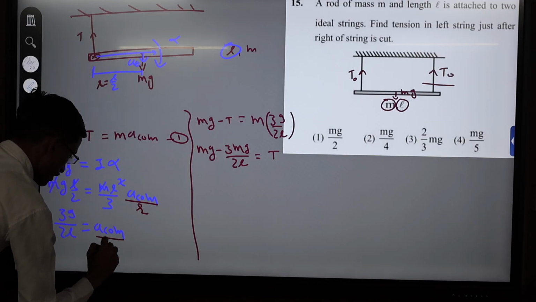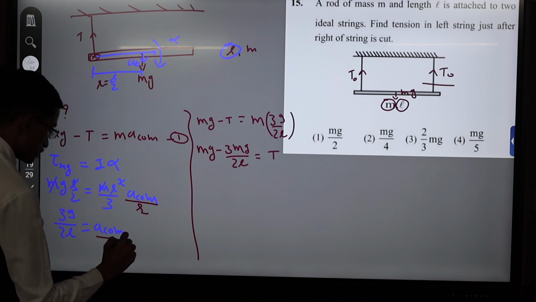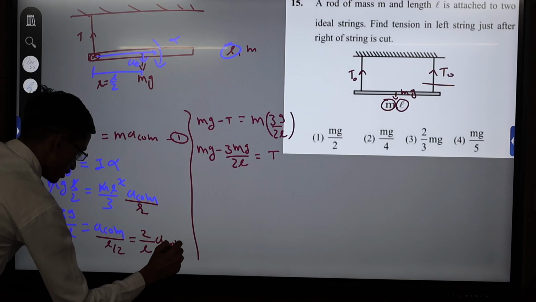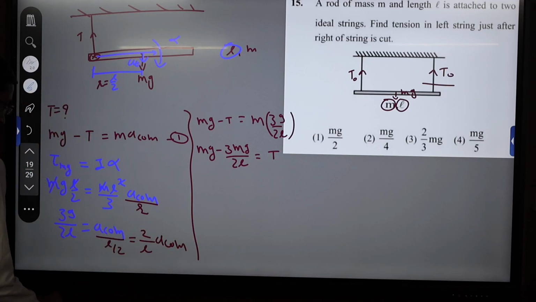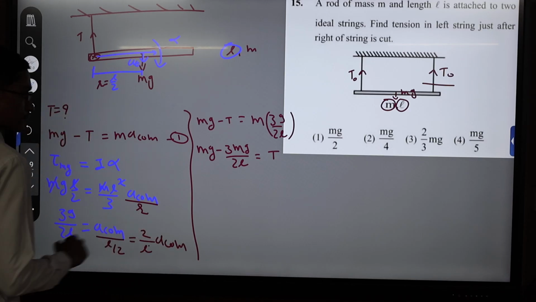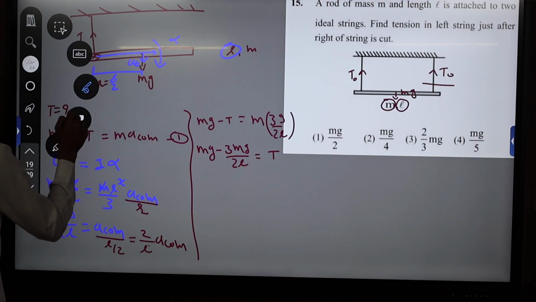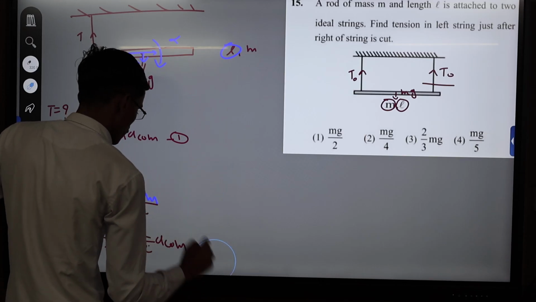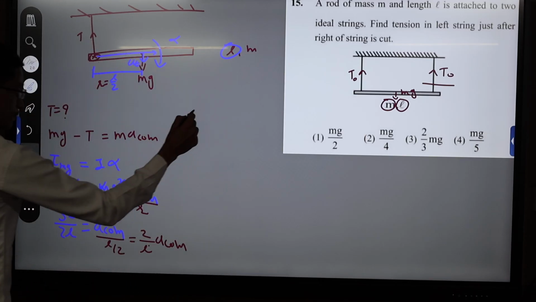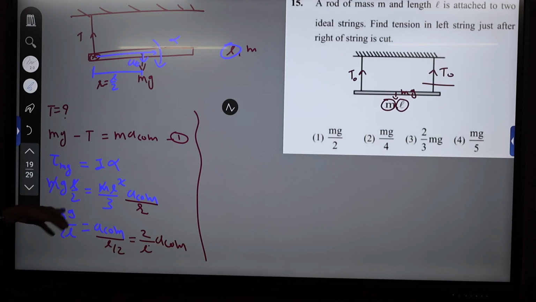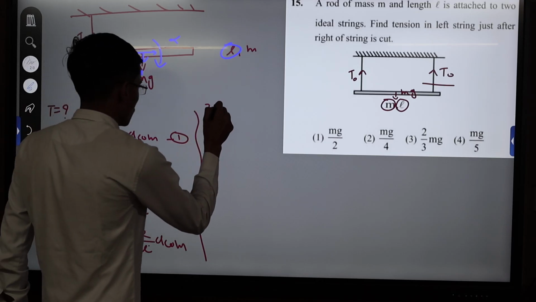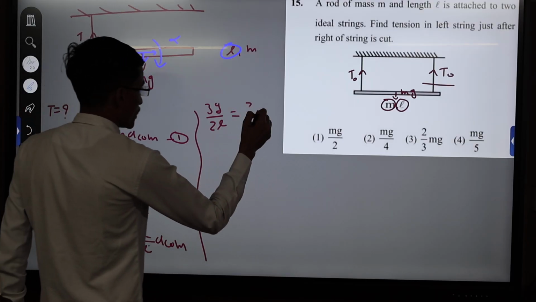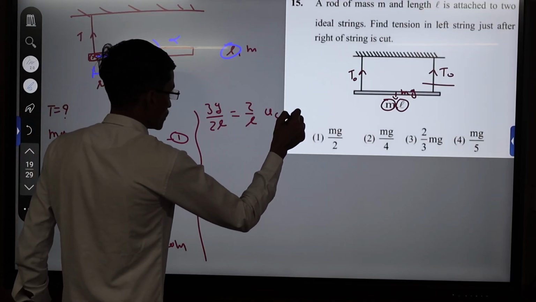So a com by L by 2, so this will become 2 by L into a com. So 3g by 2L is equal to 2 by L into a com.